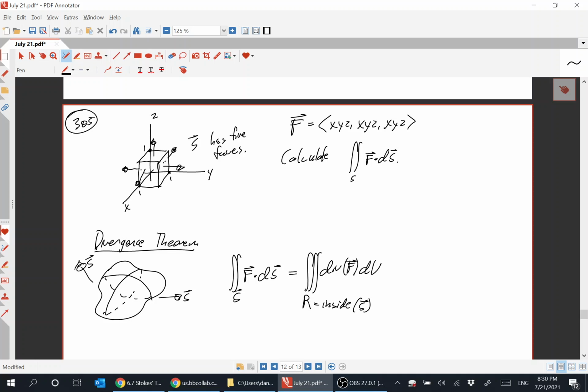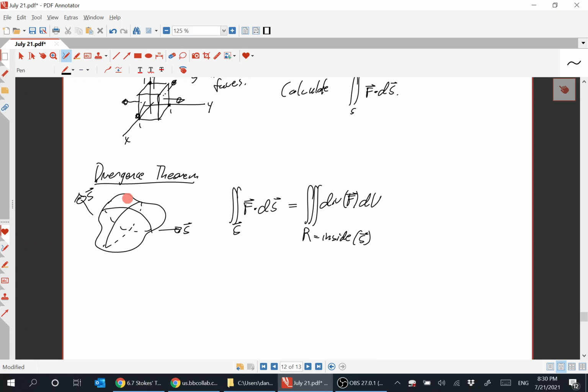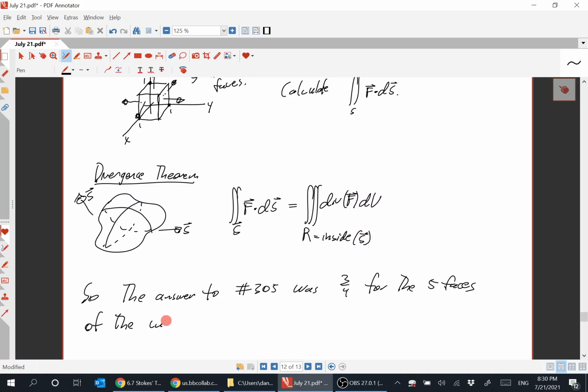Okay, so here the answer to 305 was 3/4 for the 5 faces of the cube. Right, the bottom face was excluded.